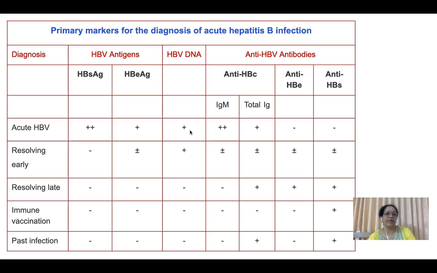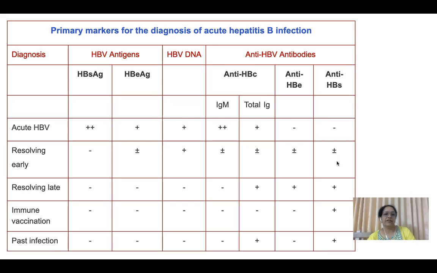At the same time, DNA of hepatitis B virus can be detected in the patient's blood. Antibodies are observed in the later stages, but not immediately, such as anti-HBe and anti-HBs. In resolving early stages, conditions are like this.